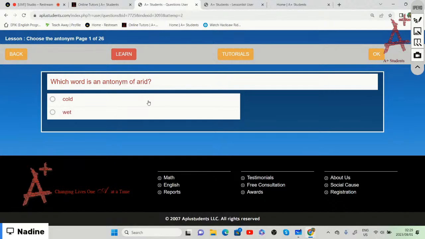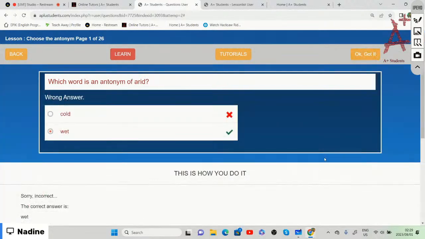Let's say cold. Let's see what it says. Cold. So it says arid means little or no rain, too dry or barren to support vegetation.